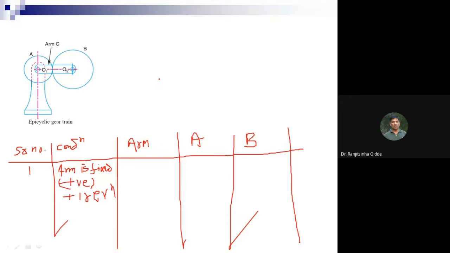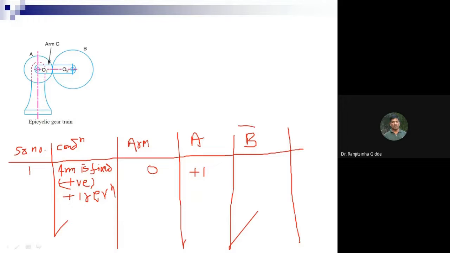Okay, plus 1 revolution. So arm is fixed, I can write here 0. Gear A plus 1 revolution, I will write here plus 1 revolution. Now we need to find out speed of gear B. For arm is fixed and for 1 revolution of gear A, we need to find out speed of gear B.